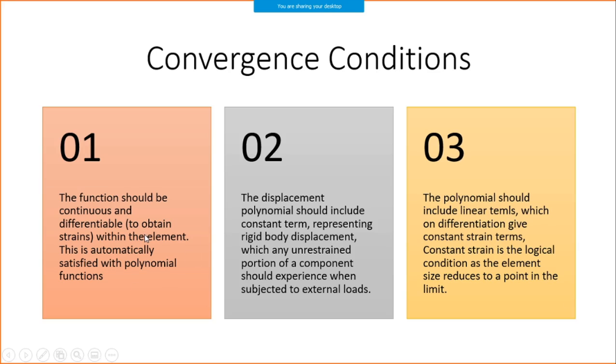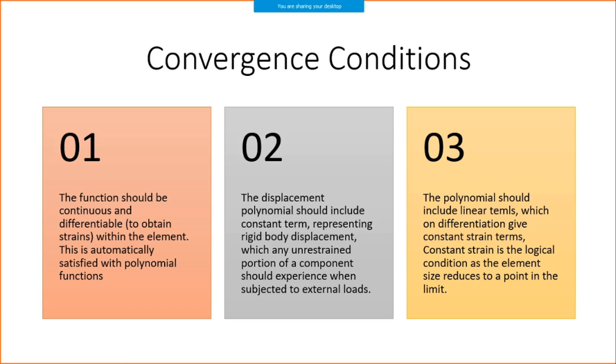So this is the continuity requirement. The first convergence criterion is that the function should be continuous and differentiable, meaning able to differentiate that particular function multiple times. Continuous means it should not have a sudden change, like in friction-type behavior.